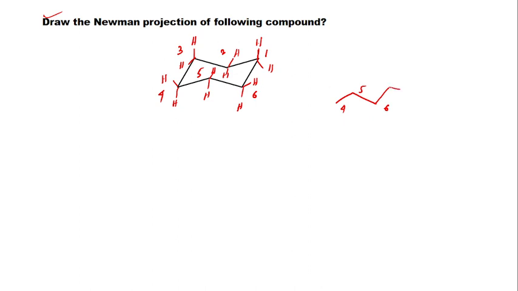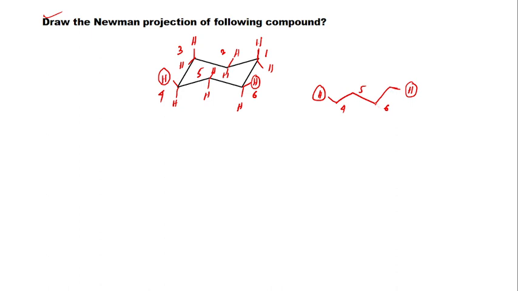Let's say this is the hydrogen, I marked it for reference. Here at carbon 4, I have one hydrogen. Again, I'm not asking you to look from any side. I'm just showing the solving approach. This hydrogen is attached to 4, this is 4, and this one 5, 5, 6.